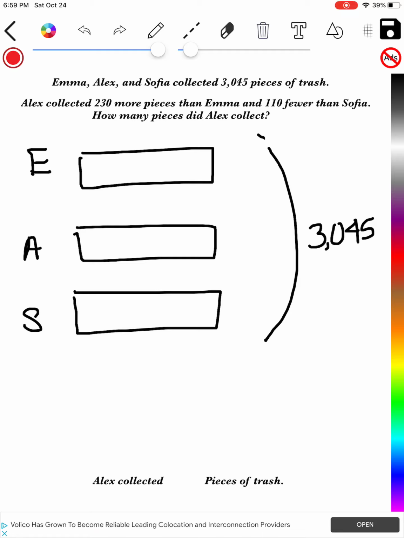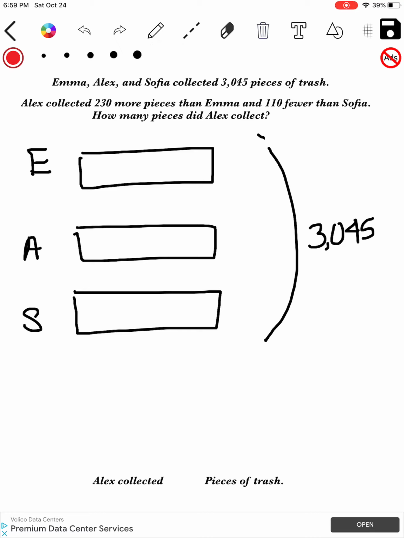The next thing that I can do is I can read the next part of the problem. Alex collected 230 more pieces than Emma. And I can go ahead and stop there because I can draw that, or at least adjust a bar that I've already drawn.